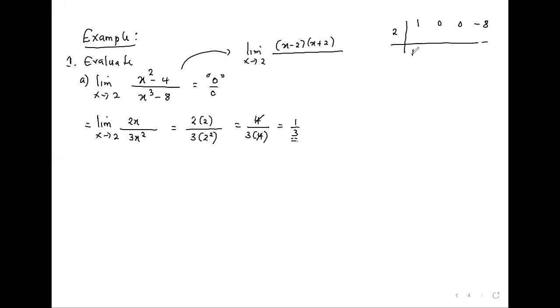You drop the 1, then 2, 2, 4, 4, and then minus 8, 0. So you will say x minus 2 multiplied by x squared plus 2x plus 4. So this and this cancel. Then substitute 2, you get 4 over 4 plus 4 plus 4, which is 12. So you get 1 over 3.